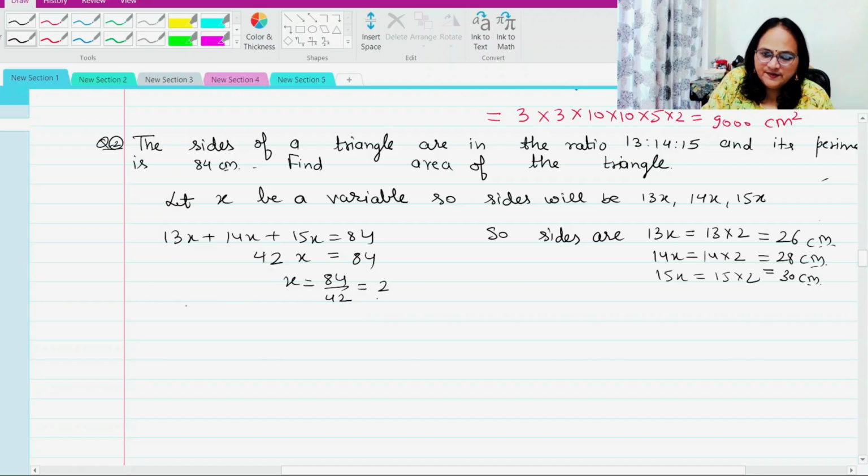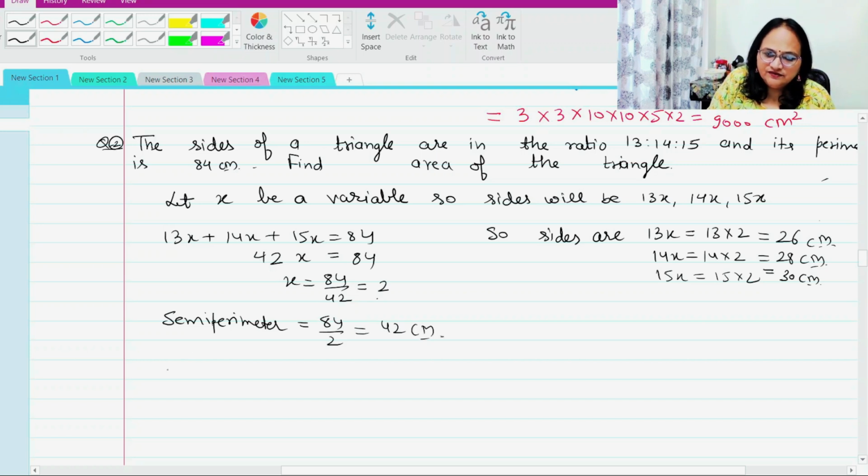So semi perimeter will be, perimeter is 84, so 84 divided by 2, 42. This is my semi perimeter.